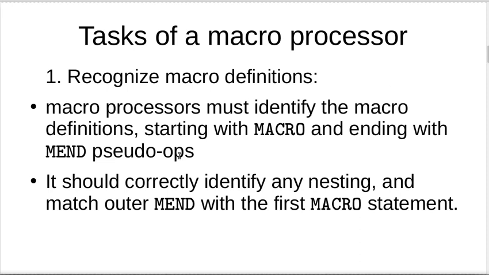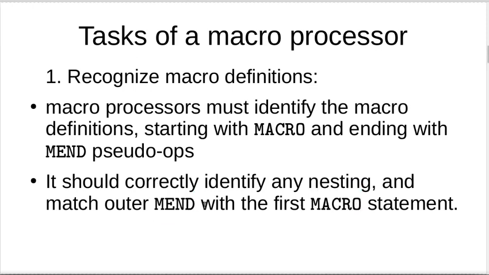Once it has the ability to do that, it should also correctly identify any nesting. We have already gone through nested macros in the previous sections. So the macroprocessor has to have the ability of understanding which one is the last macro end statement, and it has to be able to match it with the first macro statement.